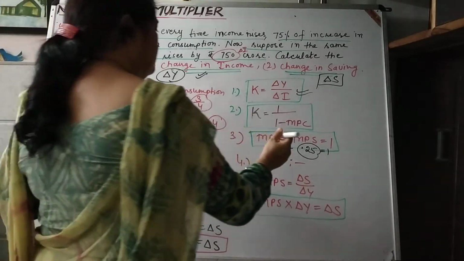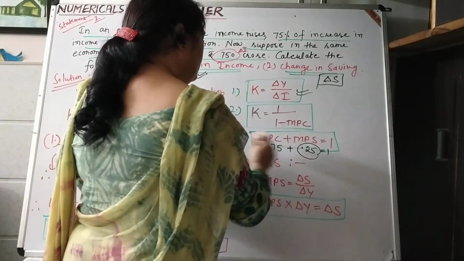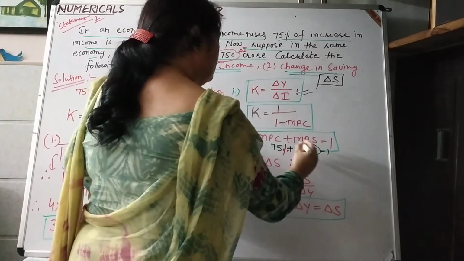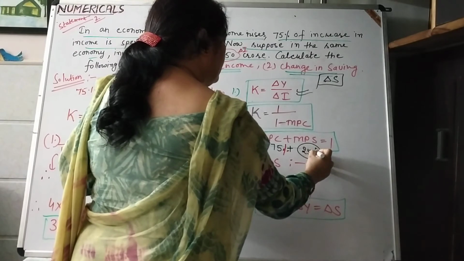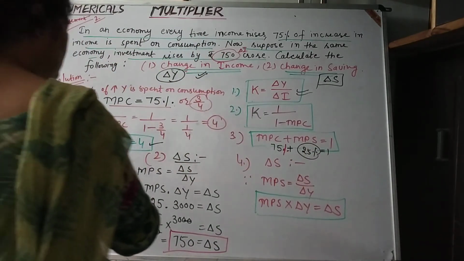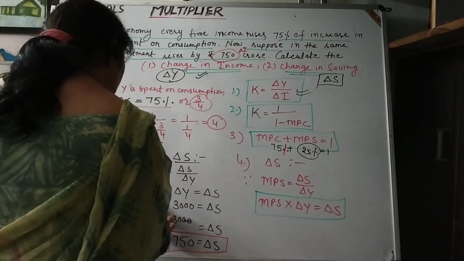Or, this is 75% plus 25% is equal to 1. So the value of MPS will be 25%.